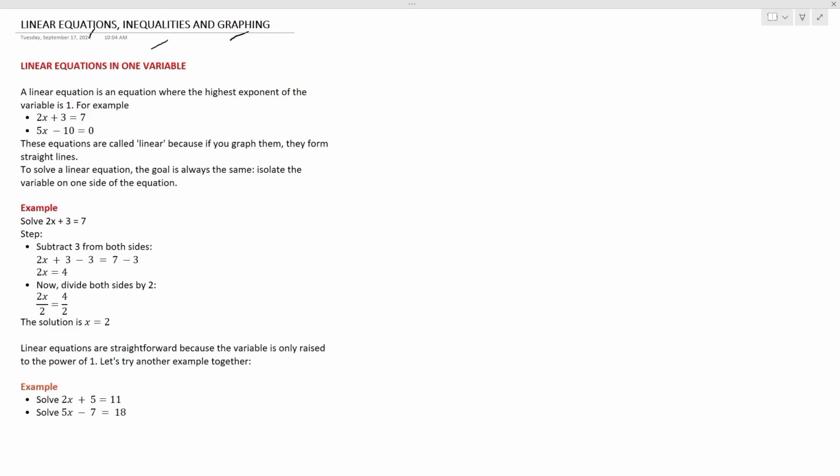In the last class, when I looked at introduction to algebra, I gave some basic terminologies that are very important in algebra. I talked about variables, which will occur a lot when we talk of algebra. Now, a linear equation is an equation where the highest exponent of a variable is 1.